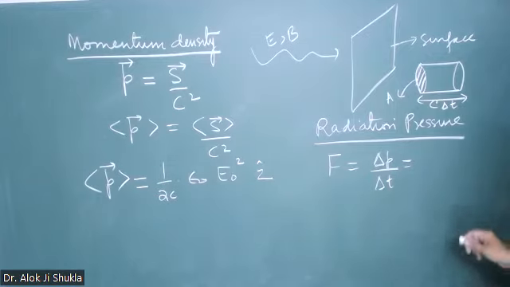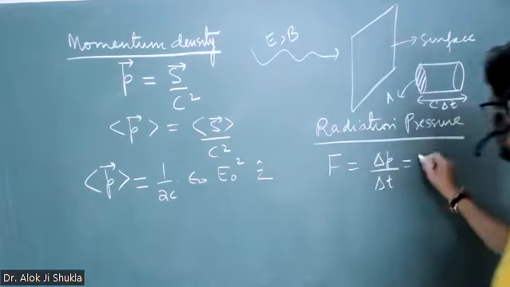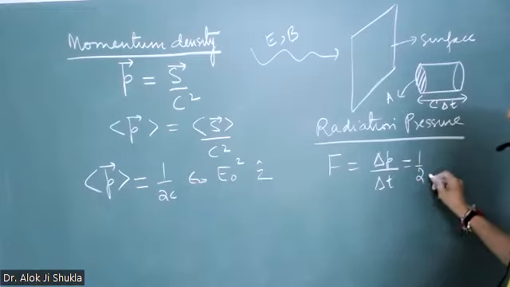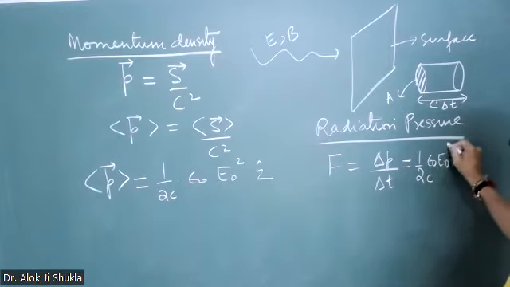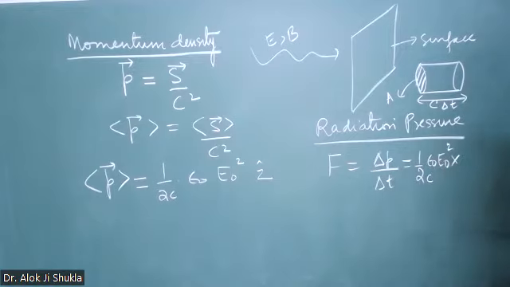So this will be equal to momentum density will be equal to, likho jara, momentum 1 by 2C epsilon naught E naught square into volume. Volume will be A C delta T. देखो समझ आ रहा है?